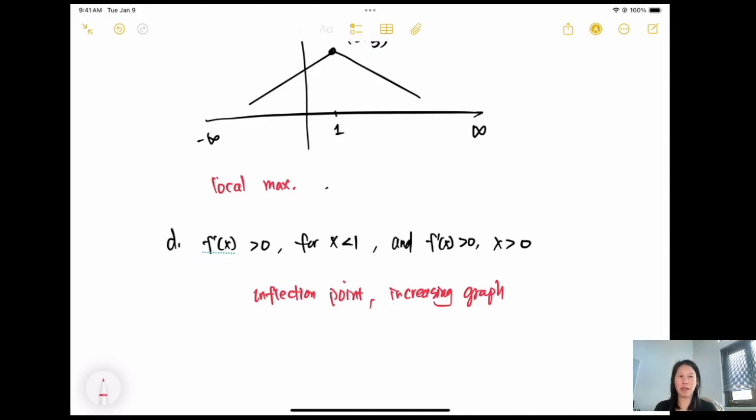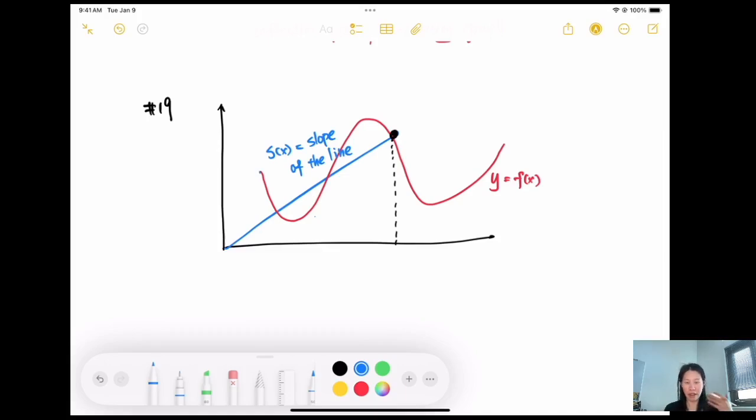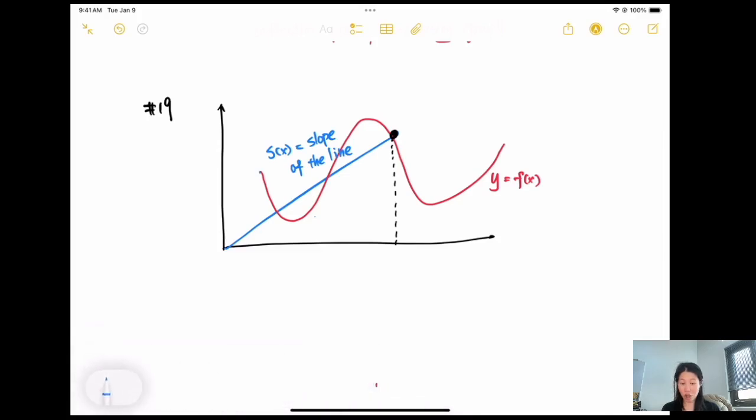Okay, now next one. Number 19: define the function as the slope of the blue line through the point (0, 0) and (x, f(x)) based on the graph shown. That means it will change based on where the black dot is.